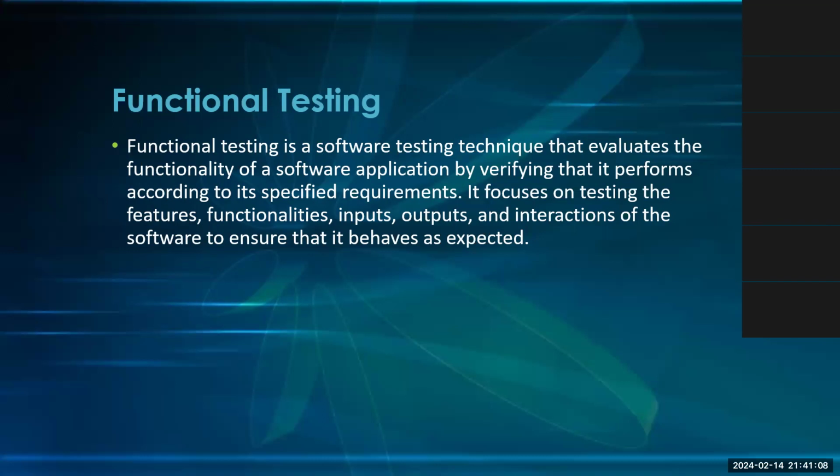So it encompasses various test scenarios and functionalities within the software application. Functional testing ensures that each feature performs as intended and meets the specified requirements. So that is functional testing.